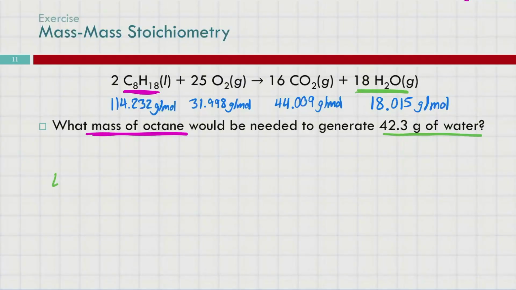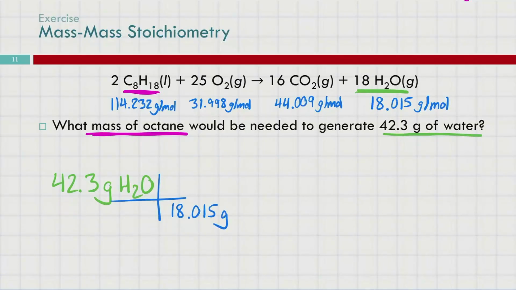Starting with our 42.3 grams H2O, we need to first convert to moles before we can use our stoichiometry. So we're going to divide by our molar mass. That'll get our grams to cancel. We are now in moles of H2O.